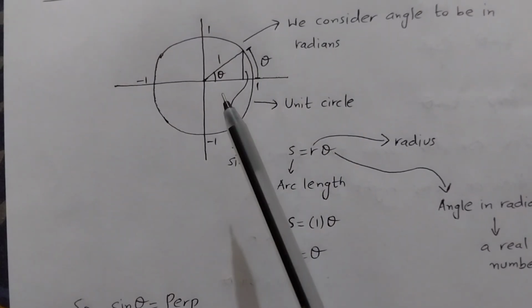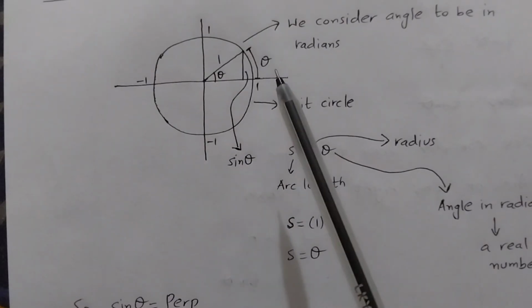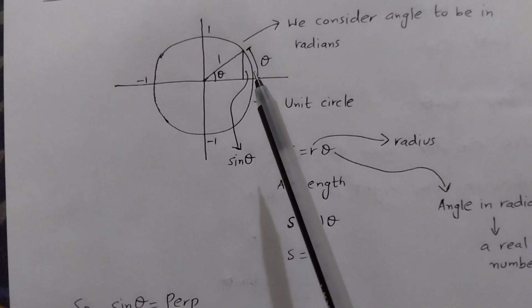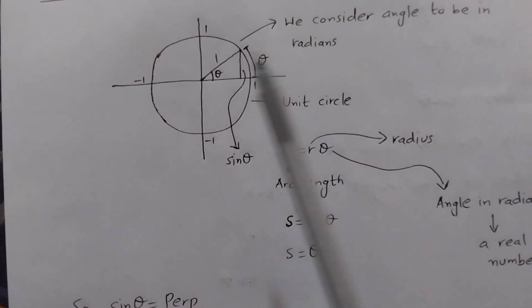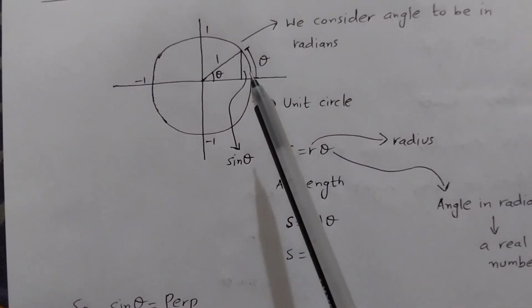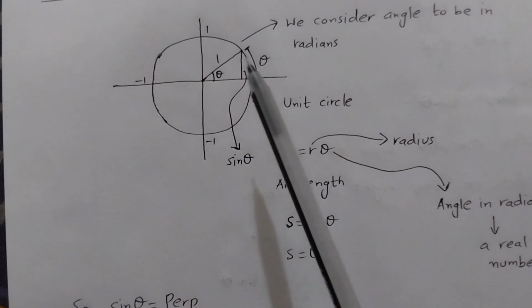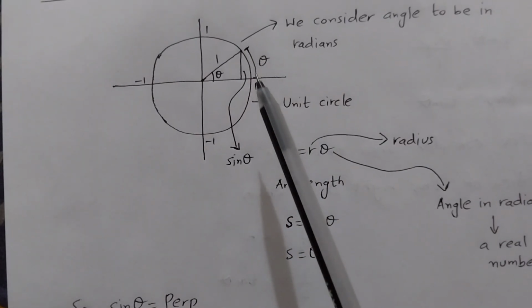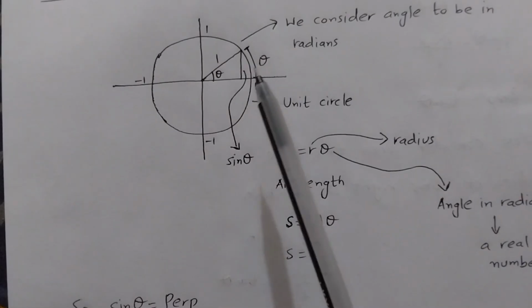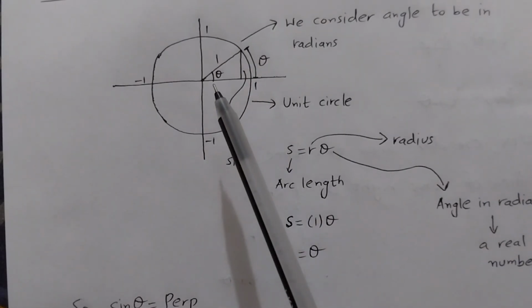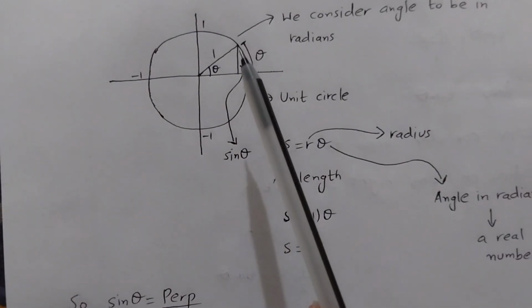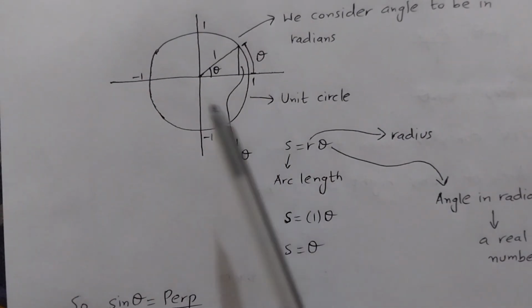If we took theta to be in degrees, it wouldn't make sense for a length to be in degrees. So this is a length and it must be a real number, and that only happens when we take theta in radians, and here this arc length is equal to theta because it's a unit circle.